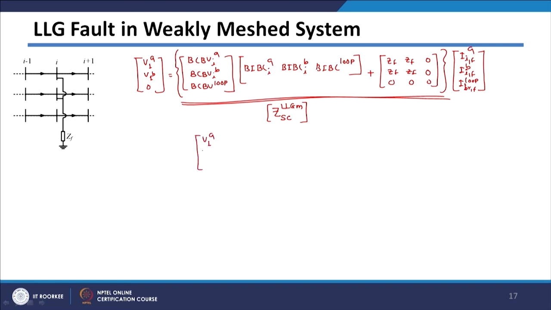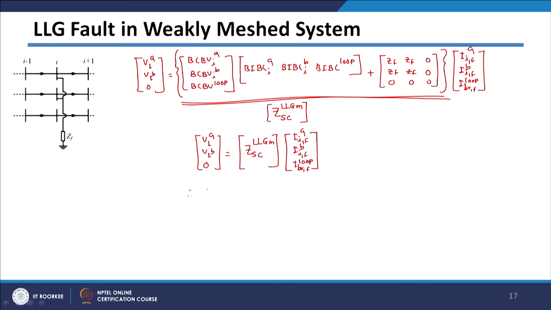V1A, V1B, 0 will be equal to this matrix here. So Z short circuit, LLG mesh network multiplied by fault current in A phase, fault current in B phase, fault current in loop forming branches.